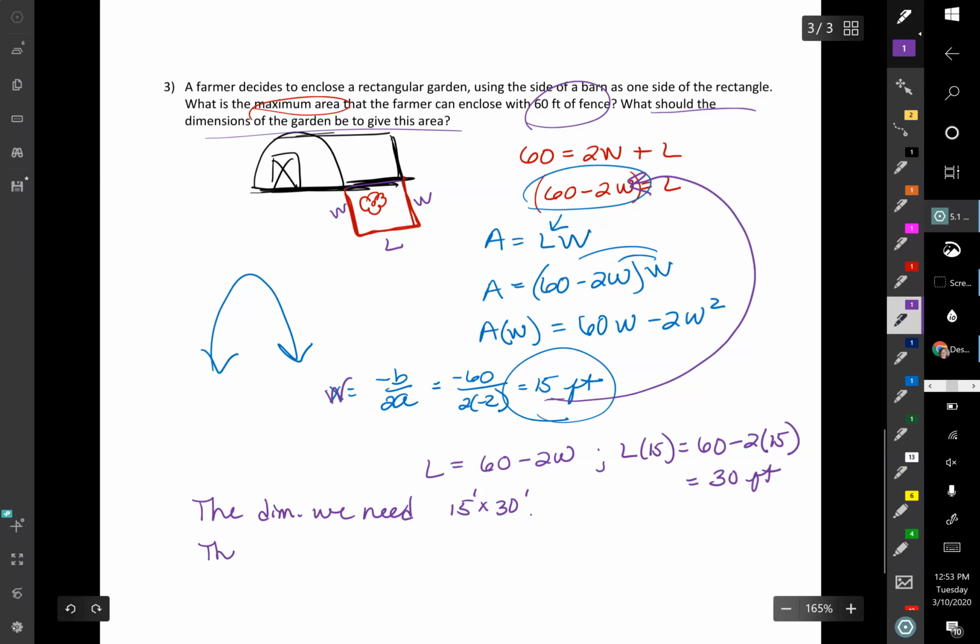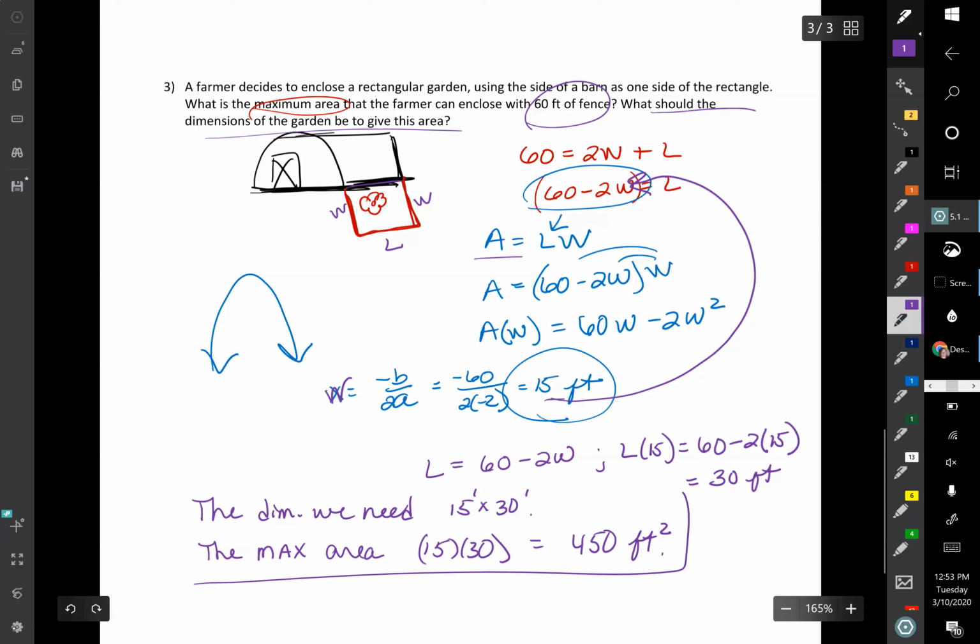So the max area, we can just plug back in here, should be 15 times 30. So 450 feet squared. And that's it for that one. So have a great day.